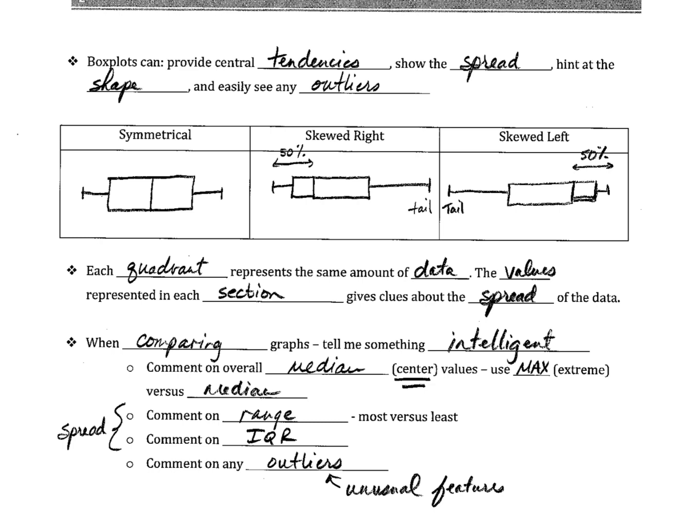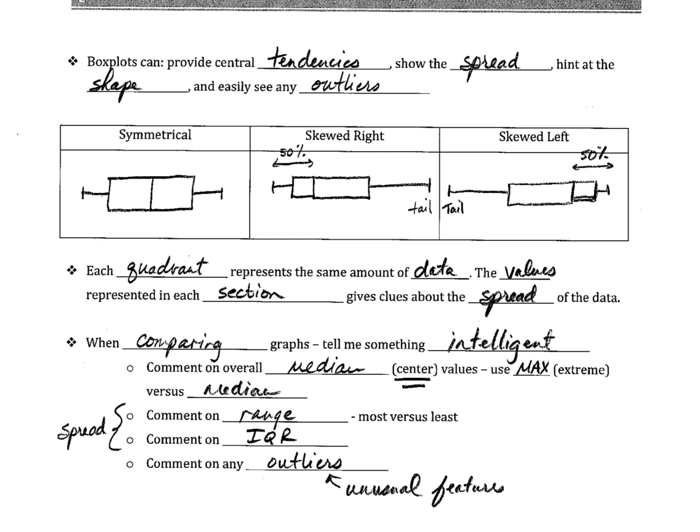Okay? So when comparing graphs, for example, if I were to give you two box and whisker plots together in the same graph, I'm going to ask you to compare some things. So you've got to tell me something intelligent. In other words, you're looking to comment on specific things: the overall median, the center values, the maximums versus the medians.